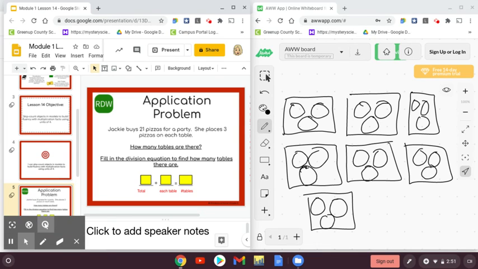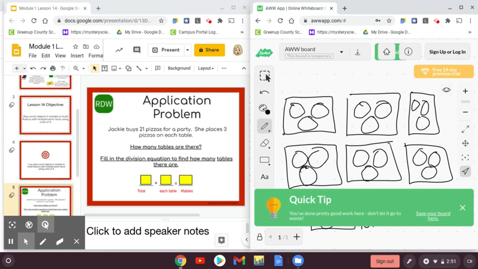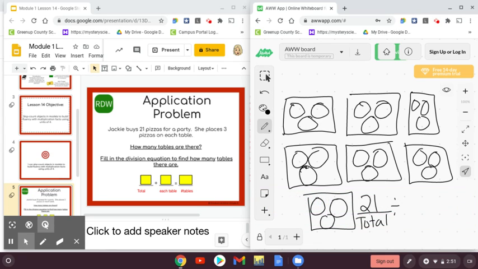So if we're writing our division equation, we have our total, and we have a total of 21 pizzas, and we divided them into tables of 3. So there are 3 pizzas at each table, and we have 1, 2, 3, 4, 5, 6, 7 tables.